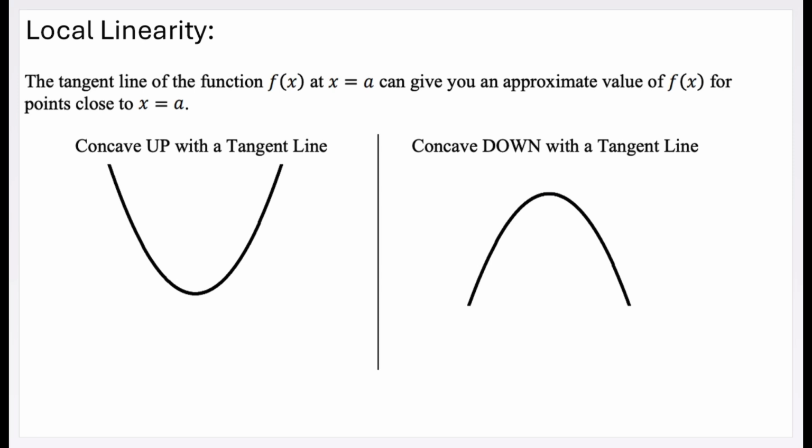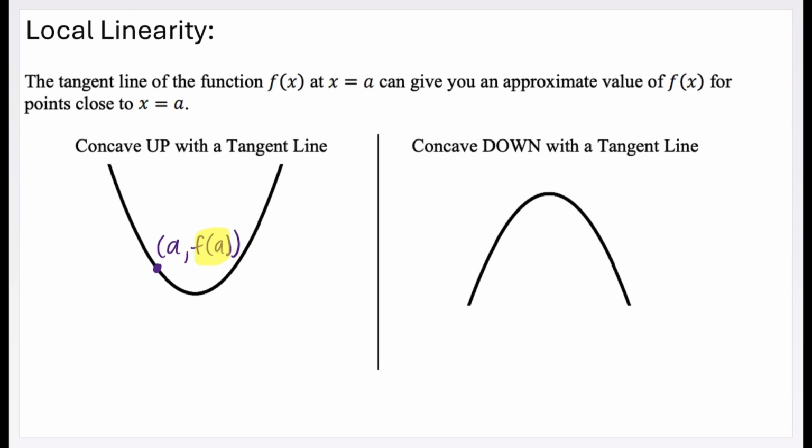So for example, if I have a value on a graph that I'm trying to find, this point right here, we're going to call the point where x is a, and the output, of course, would be f of a. So we're trying to figure out what f of a is, but we don't know what that is.